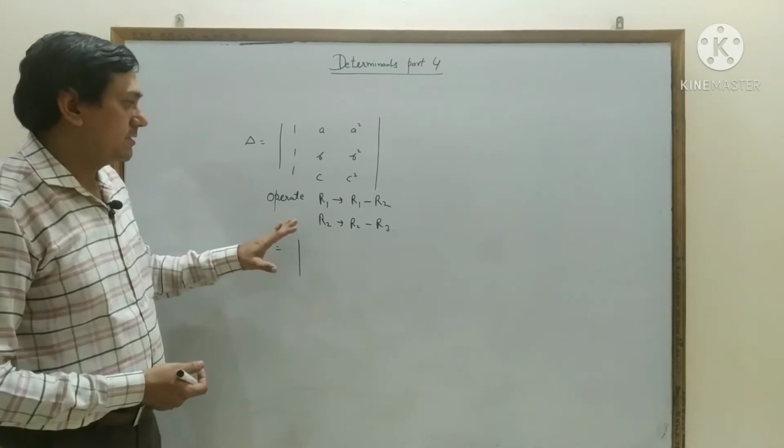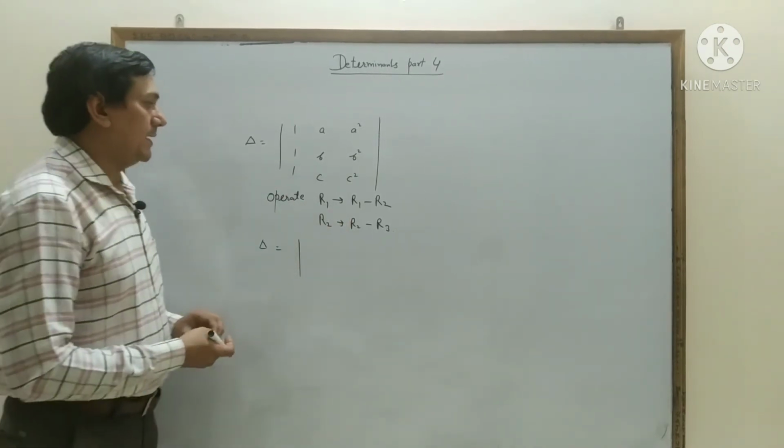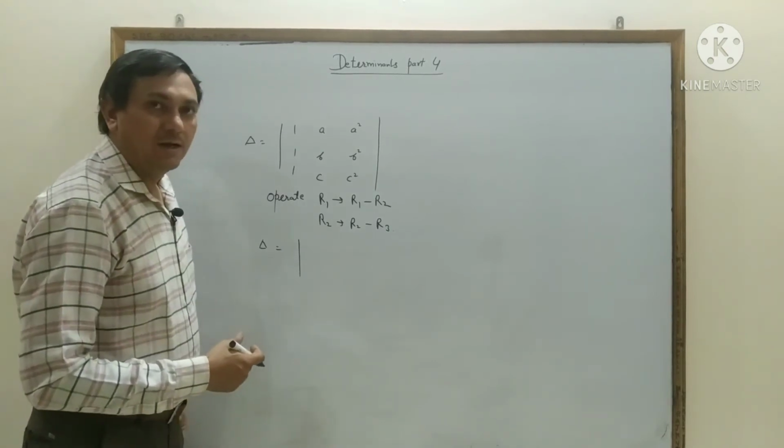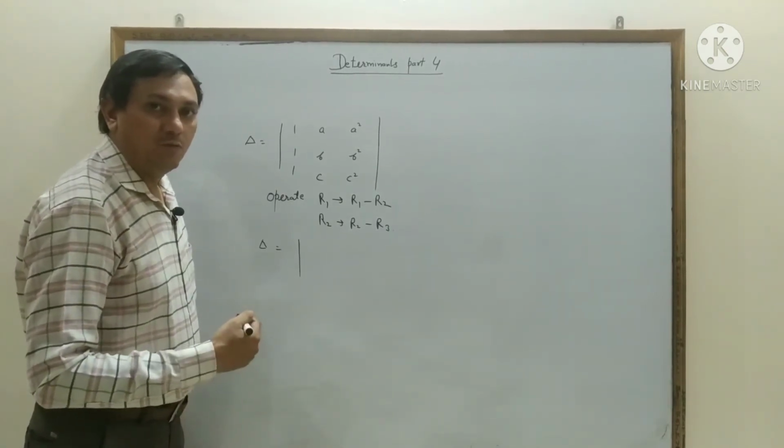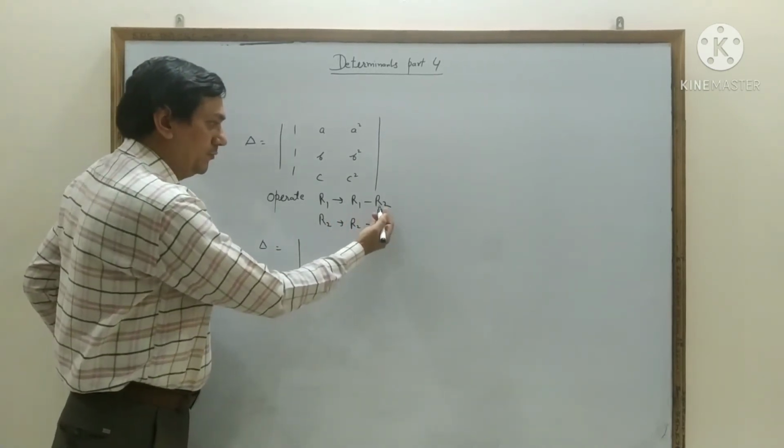Now in this case, the multiple is 1 and we are subtracting it, that is we are negatively adding row 2 in row 1.